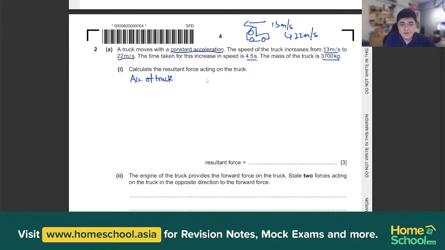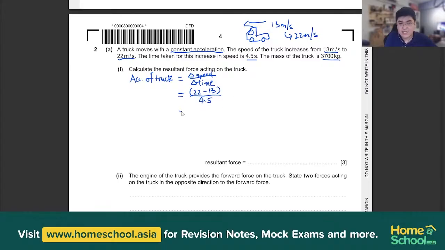My goodness, this is horrible. Okay, so acceleration of the truck is equals to change in speed divided by change in time. Okay, pardon my handwriting, this is horrible. Let's just continue that. All right, so it be equals to 22 minus 13, which is 22 minus 13, and then divided by 4.5 seconds.